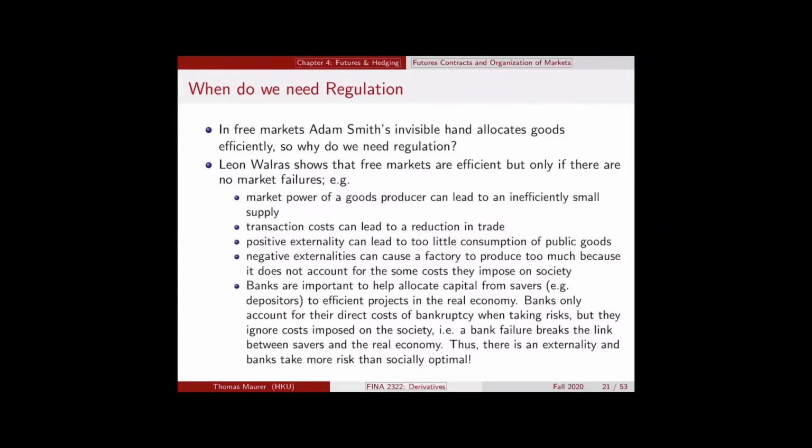On the other side, we have negative externalities. This could be an example of a factory which produces something, but with the production, they also have some pollution. So for example, if you use coal to produce electricity, well, then the coal which you burn, that will actually pollute the air, and that's going to affect the health of people living around that coal power plant.